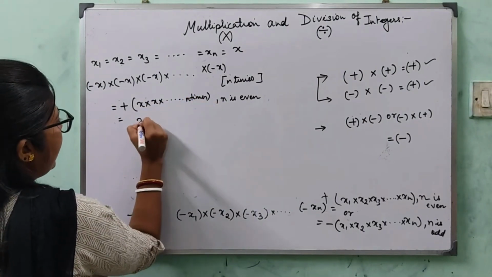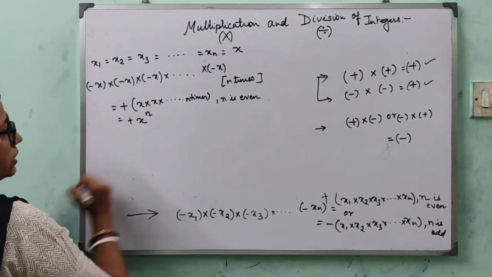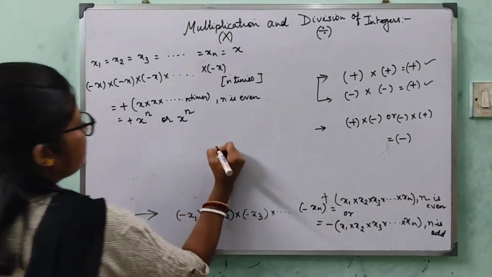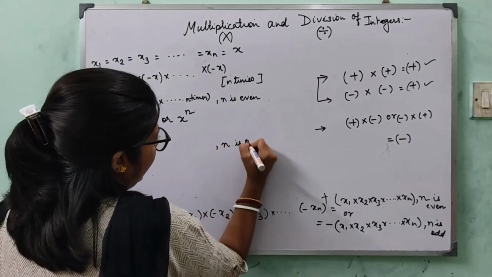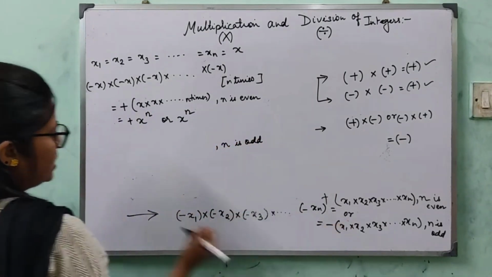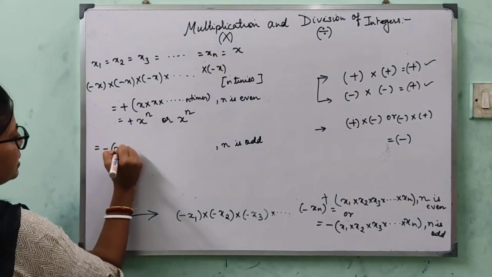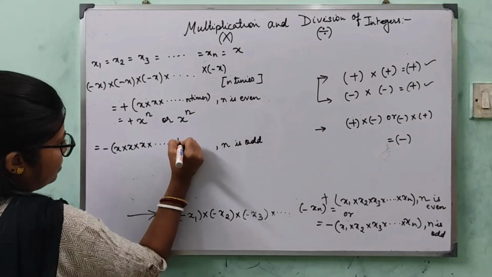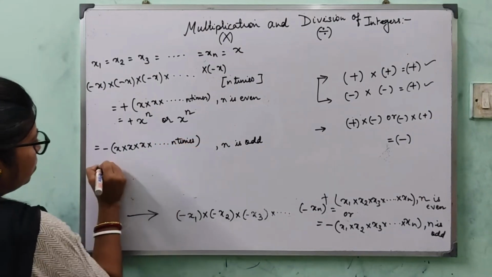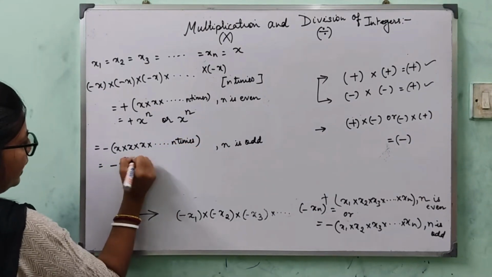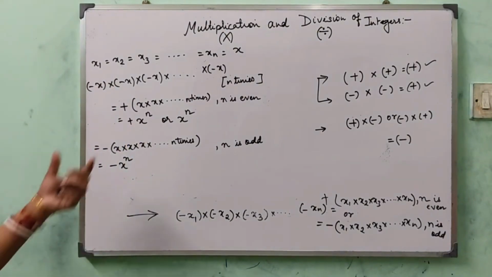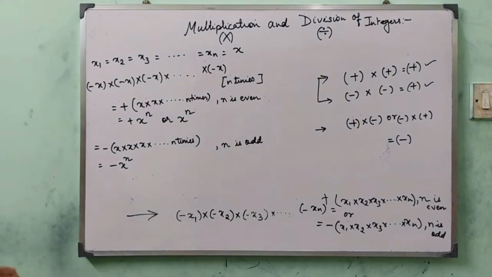That means it is x to the power n. But if n is odd, then that is equal to minus x into x into x into x, n times. That is equal to minus x to the power n. This is using the laws of indices. That is, x multiplied n times to itself is x to the power n.